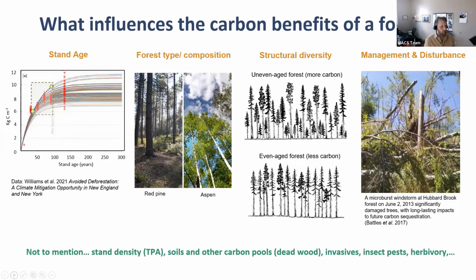Structural diversity is one of those things that can have a subtle but important influence on carbon. Uneven aged conditions have a lot more layering of the vegetation, more structural complexity, and oftentimes have more carbon than even aged stand conditions, just because you can pack more carbon into the various layers.